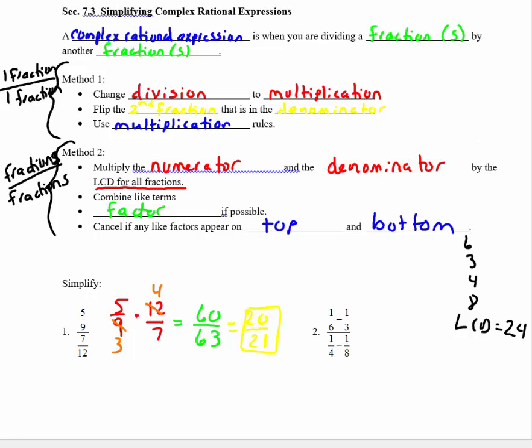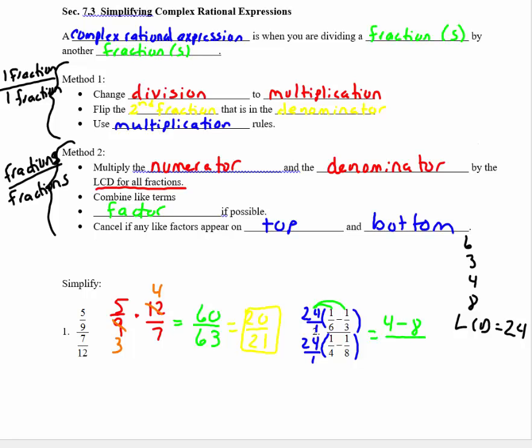So what will I do with that? I'll multiply the whole numerator by 24 and the whole denominator by 24. And remember, it's 24 over 1, so you're just multiplying by 24 over 24, a fun kind of 1. So we'll distribute the 24 across. 24 times 1 is 24, but divided by 6 is 4. 24 times 1 is 24, but divided by 3 is 8.